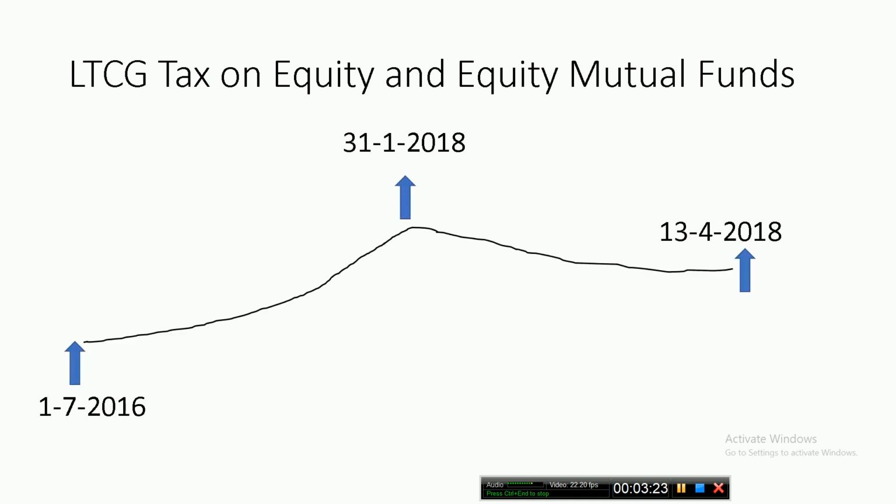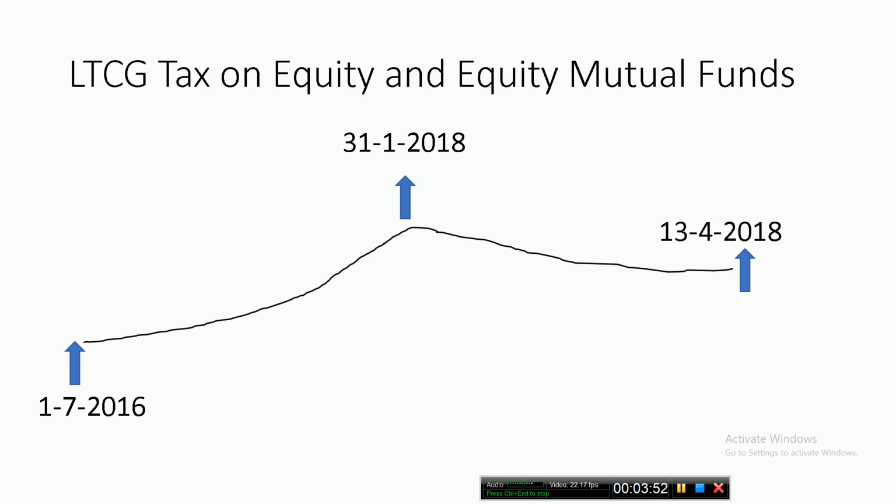The next example is a price movement in which the price on January 2018 is higher than the price in 2016 when we actually made the purchase, but the price today, in April 2018, is lower than the price on January 2018. This is the situation for practically all equity mutual funds except arbitrage mutual funds, and many stocks.